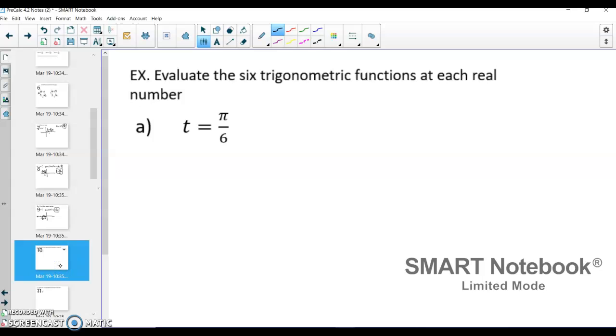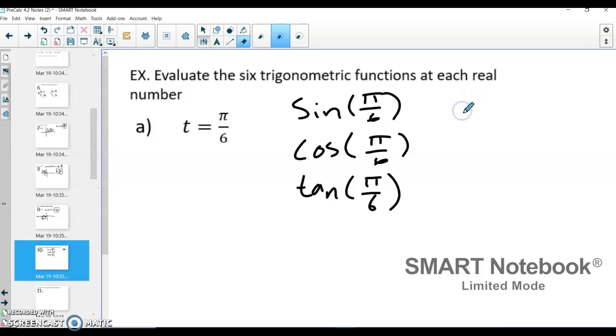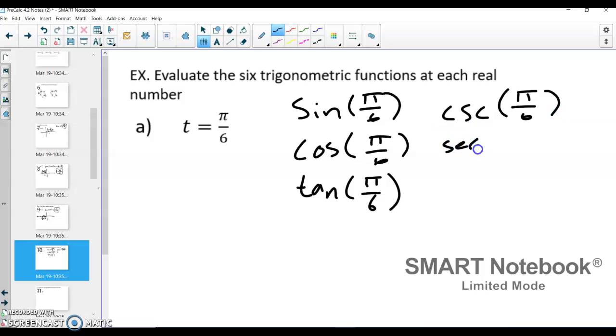Okay. 6 trigonometric functions. We're just going to list these for the sine of pi over 6, the cosine of pi over 6, the tangent, and then back to the cosecant of pi over 6, the secant of pi over 6, and the cotangent of pi over 6.